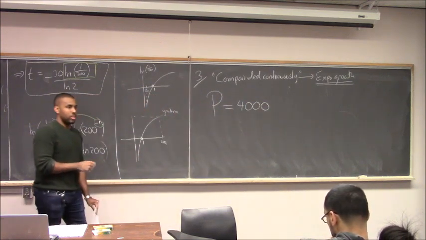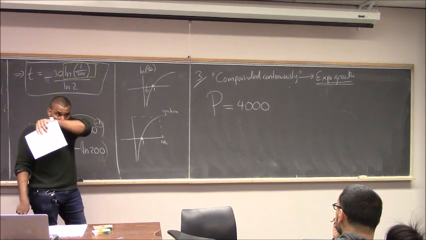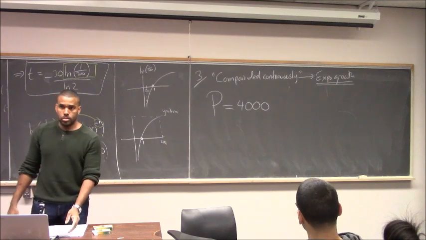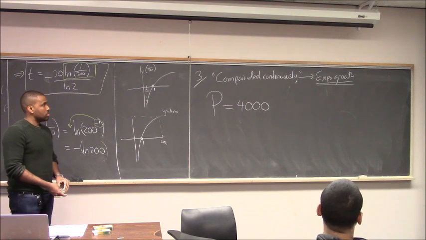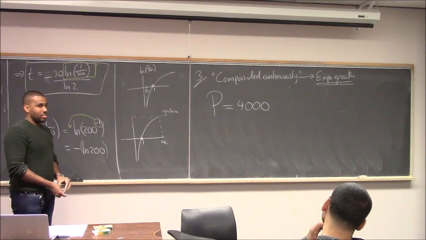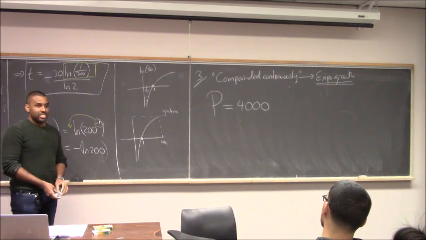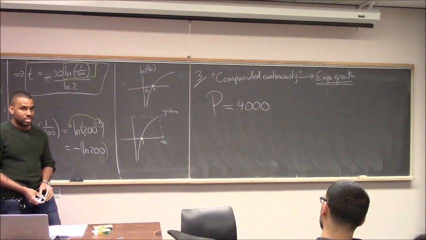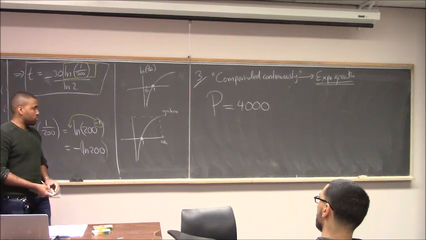Yeah. And that's it, it's just 4,000? Are you guys done? That's the answer. R is 0.05. Okay. Where does that go?